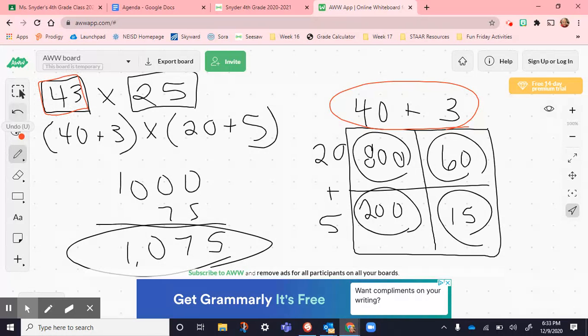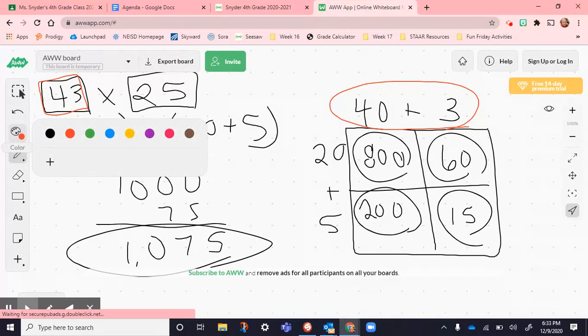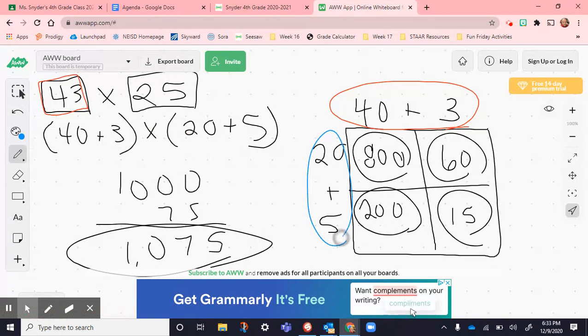We can't change our problem. Same thing with the 20 plus 5 right here. That's what 25 is. If we did like 20 plus 40 or something like that, we would be changing our problem. So we want to make sure that we are lining up everything so that everything gets multiplied correctly.